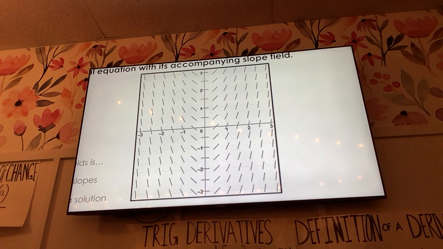You could have the general form, this is the shape of a quadratic, which we're going to talk about here in a second, plus c. We don't know what plus c is, but you could have a quadratic right here at 3, with your plus c being 3, because it got shifted up 3. You could have it right here at 2.5. You could have it right here at 2. Do you see how that slope field kind of makes the shape?